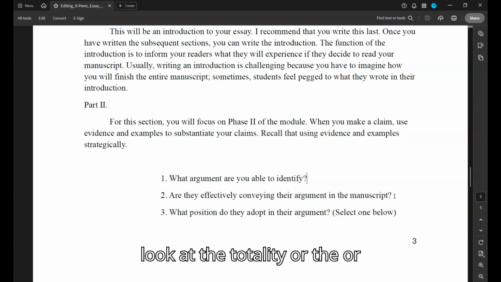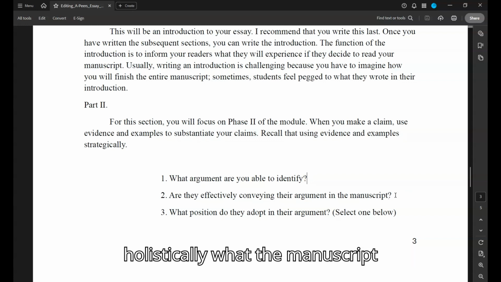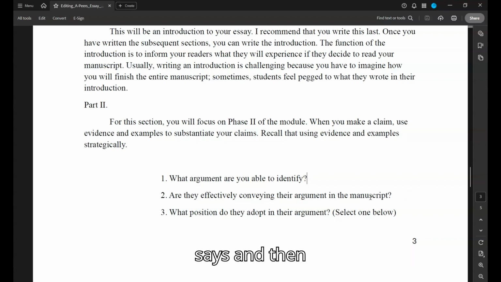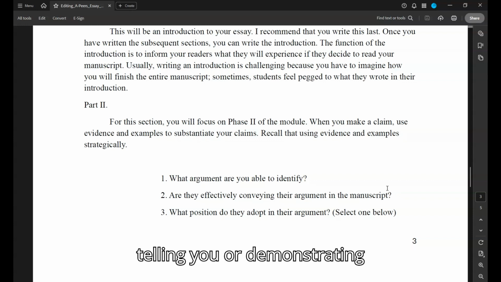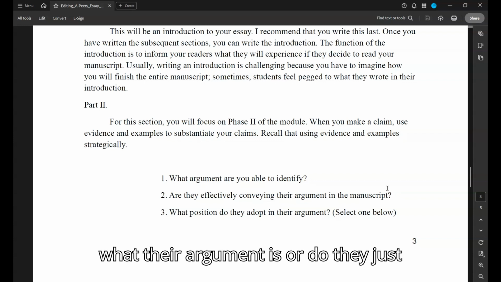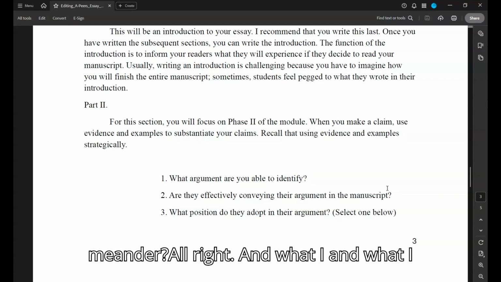You're going to look at the totality, holistically, at what the manuscript says, and see if they're effective in sharing or demonstrating what their argument is, or do they just meander?